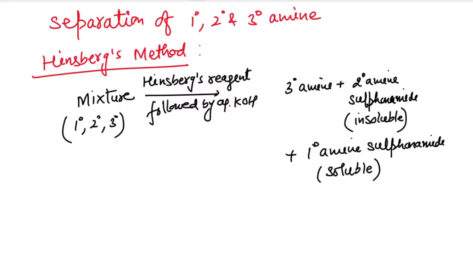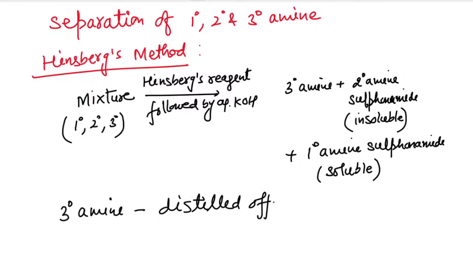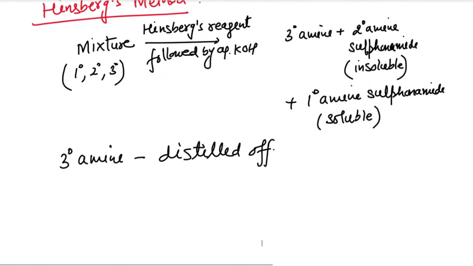Now we distill the mixture. On distillation, what happened? Tertiary amine distilled off, because sulfonamide is not formed by tertiary amine.